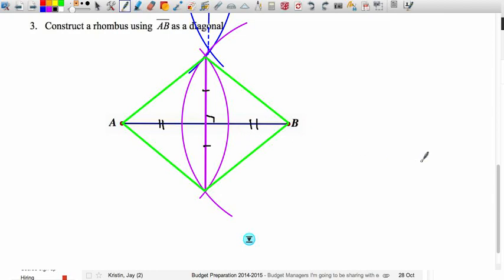Okay, and that should give you the construction of a rhombus using AB as a diagonal.